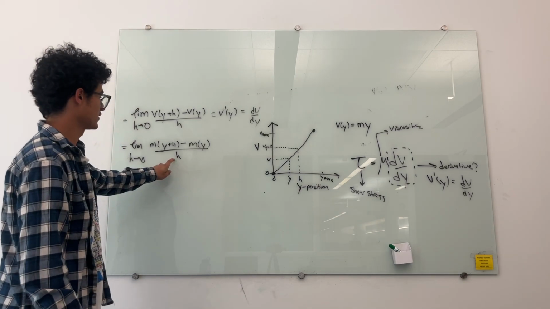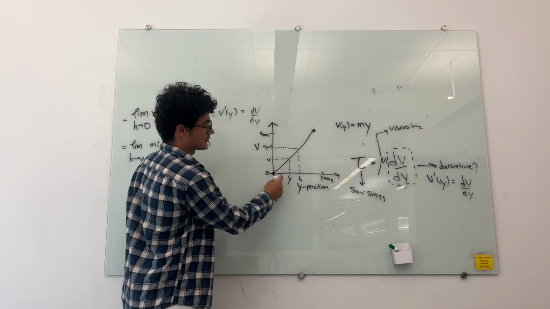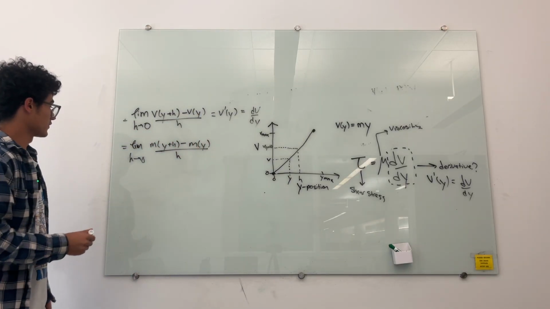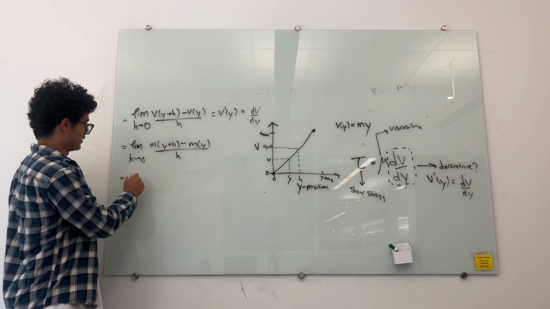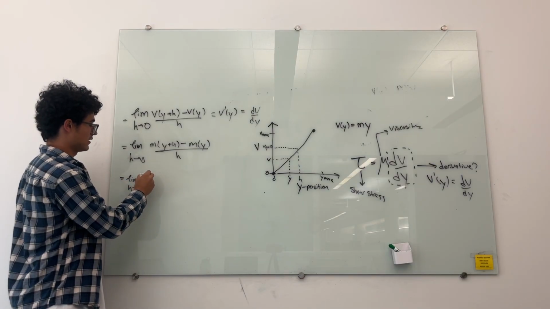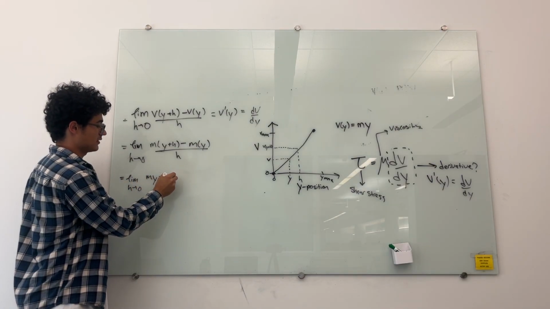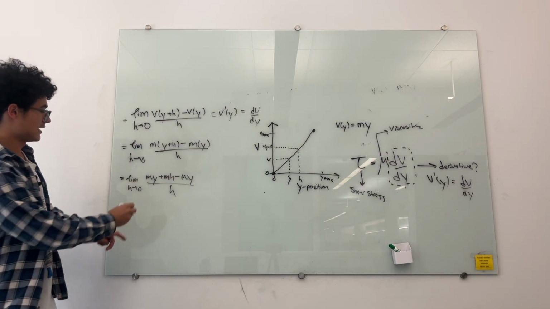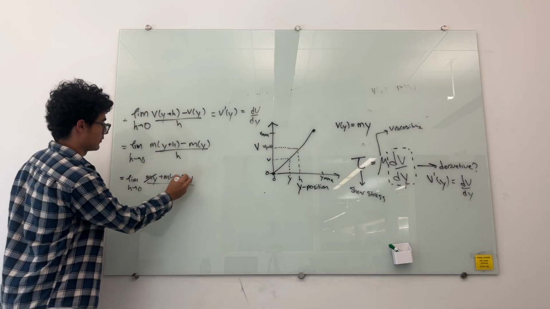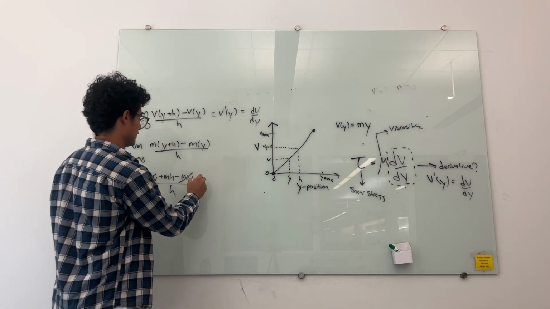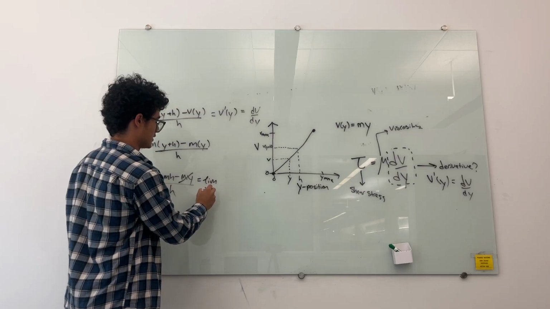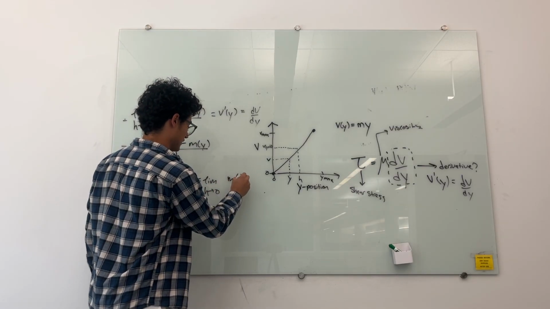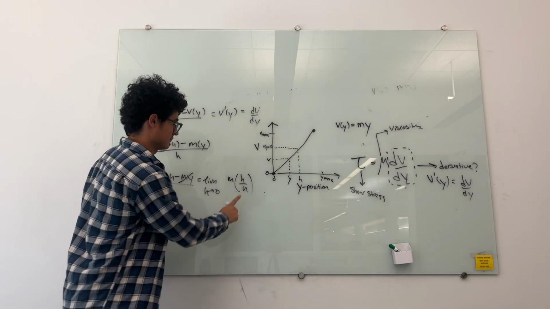And our h is here because we're doing h plus y minus y, which is just h. So now let's keep on doing this and simplify it a bit. So we get my plus mh minus my over h. So you can see here, my and negative my cancel each other out. So we get the limit of h approaching 0 of m times h over h.